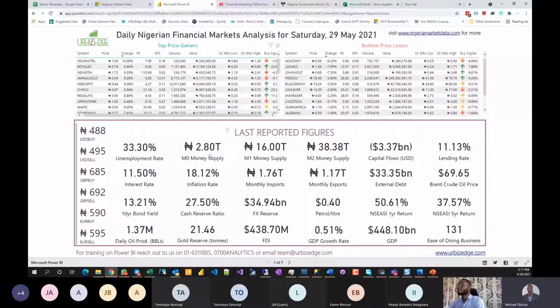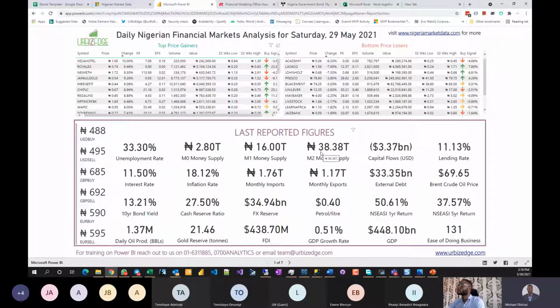The money supply. This is the most liquid money supply, followed by M1, which involves some kind of tradable assets, and then the M2. I think there's also M3, which is the broadest, but I'm keeping track of the M0, the M1, and the M2. Again, for those who use it, they understand it.